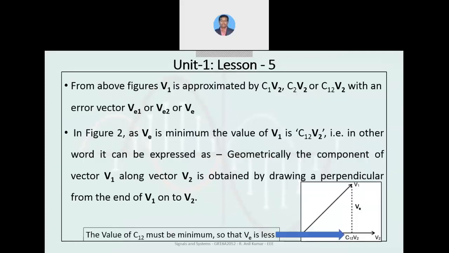Because in the previous slide we saw that ve has a smaller error vector, we prefer the second figure. From the second figure we express that geometrically the component of vector v1 along vector v2 is obtained by drawing a perpendicular from the end of v1 onto v2. For this condition the value of c12, which is the magnitude, must be such that ve is minimum.